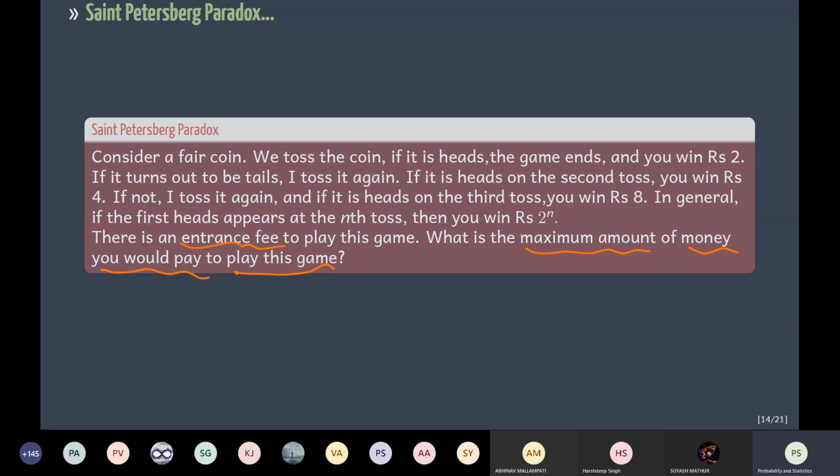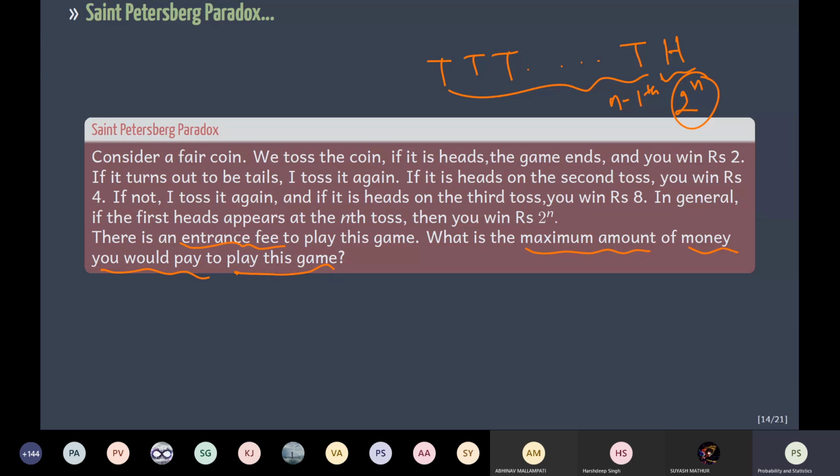So it seems like it's good for you when there are lots of tails, and then a head comes after a long time. Let us say after n minus 1 tails, you get the head at the nth toss, and hence you get 2 to the n rupees. Okay, so that seems to be a good thing, right?